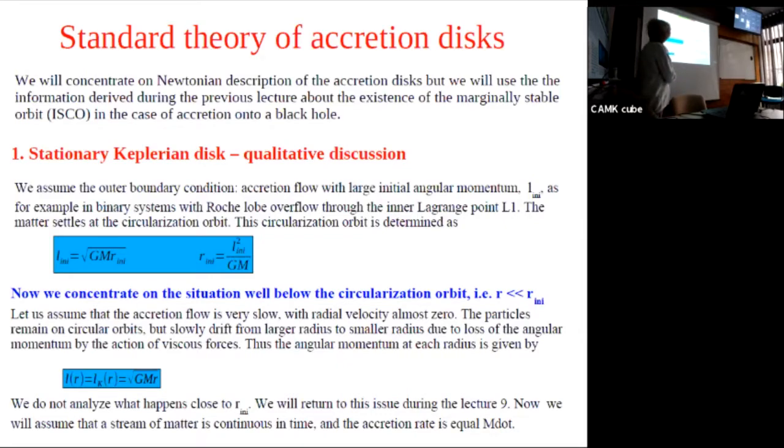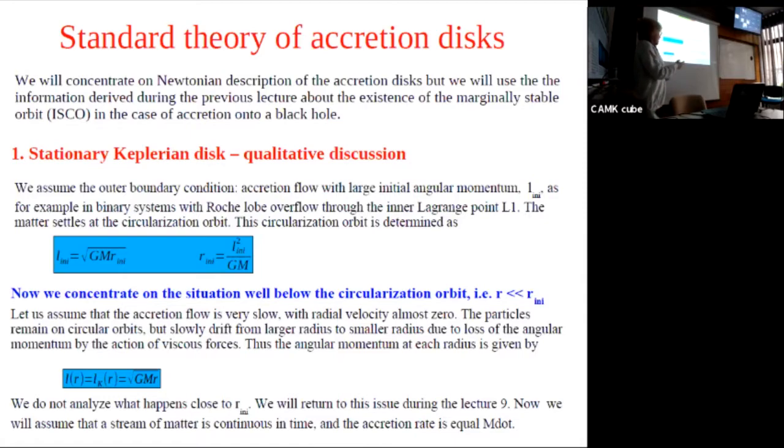So in the case of Newtonian mechanics, you all know that the angular momentum is a square root of GM times r.